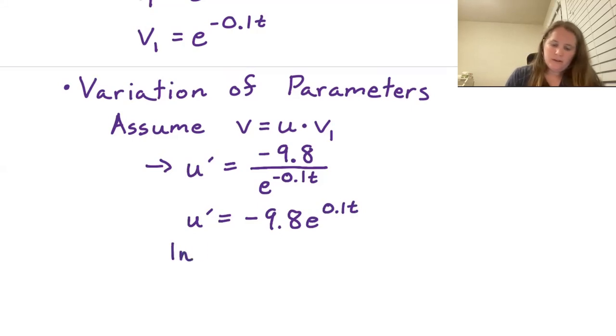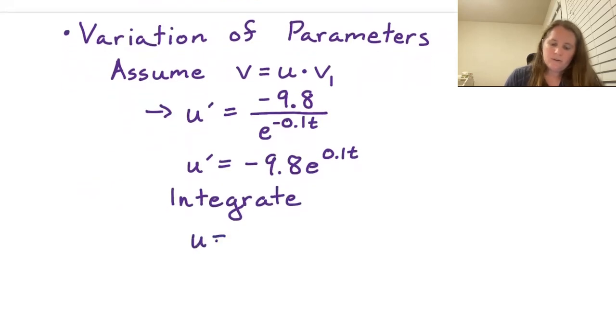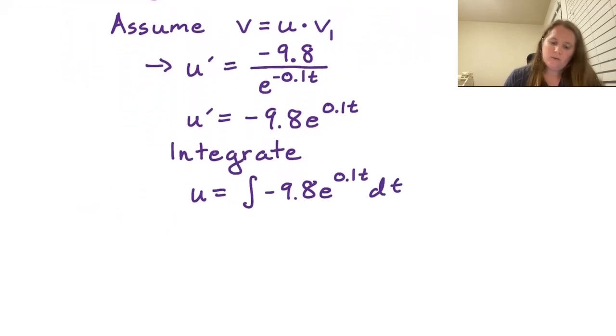If we integrate, we get that U is equal to the integral of negative 9.8 e to the 0.1 t dt. U is therefore equal to negative 9.8 divided by 0.1, which is negative 98 e to the 0.1 t plus c.